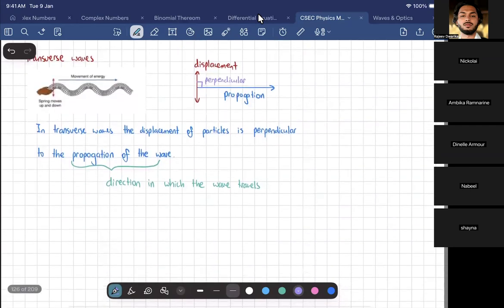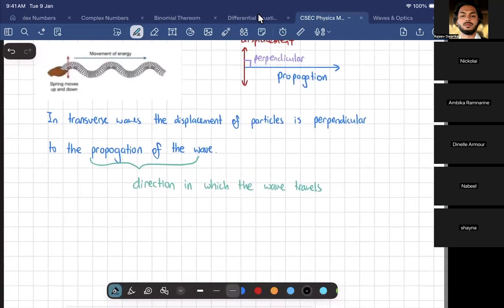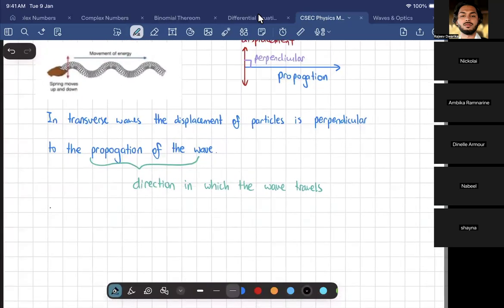So let's continue. You're probably wondering, well, sir, could you give me some examples of a transverse wave? Long story short, all EM waves are transverse. So you're probably wondering, okay, what is EM?